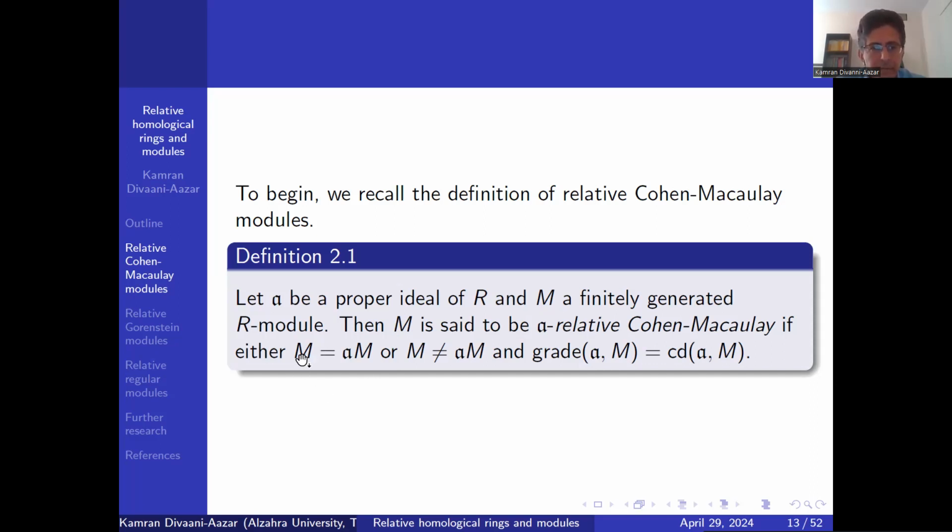Because if we have this assumption here, all local cohomologies are zero, and this one means that we have just one non-zero local cohomology. So if we consider these two together, a module is relative Cohen-Macaulay if and only if it has at most one non-zero local cohomology with respect to A.